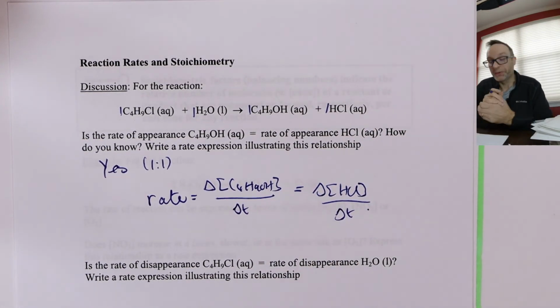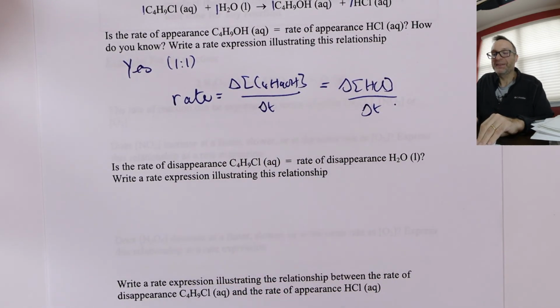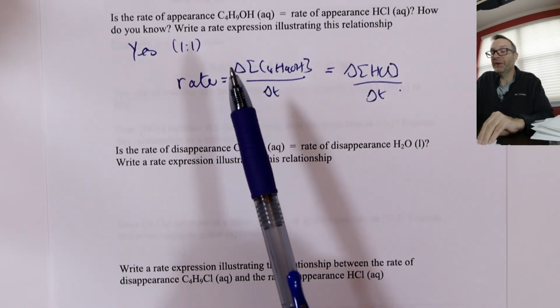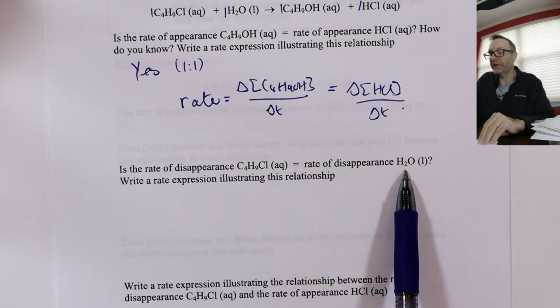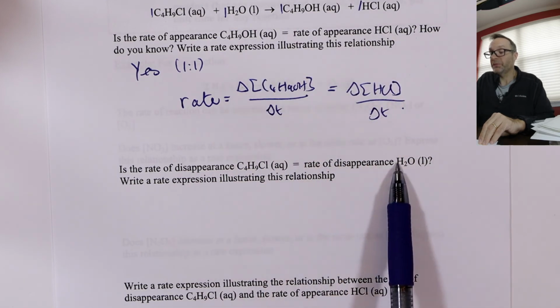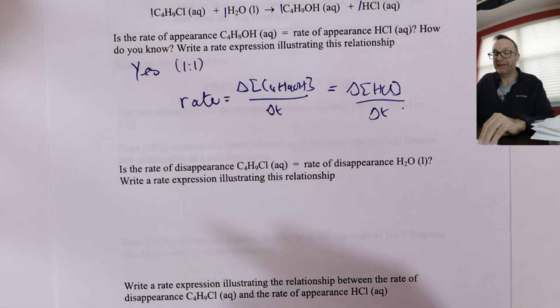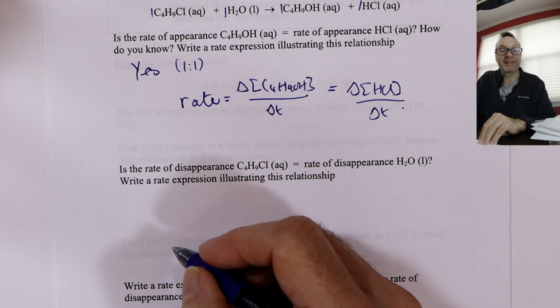Now I've got a couple of very simple questions. Do something similar. Is the rate of disappearance of the chloride equal to the rate of disappearance of water? Yes, because it's 1 to 1 again. So write that mathematically. I'll give you a second, pause me, come back.